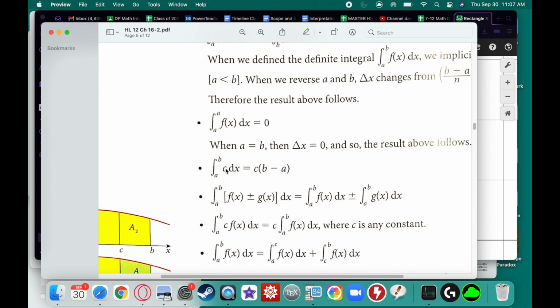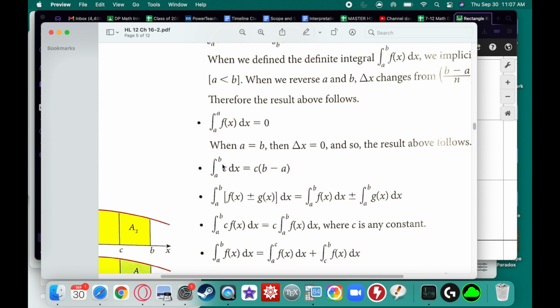The integral of just a constant, remember that from the last unit, you stick an x on it and then you add c. Well, when we do definite integrals, we actually don't have to add c. In this case, we don't actually add a constant. We just stick an x on it, and that's that.